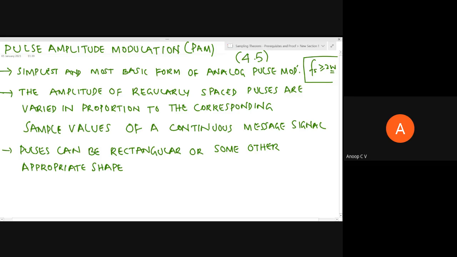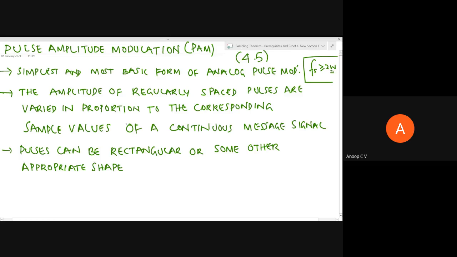If it is digital band pass, these pulses will be modulating a high frequency RF carrier, and we'll use it to transmit wirelessly. That is digital band pass modulation, and you won't study anything of it in this particular semester; you'll be studying that in sixth semester. In this particular module, we'll be studying the simplest and most basic form of analog pulse modulation, that is digital baseband modulation, pulse amplitude modulation.